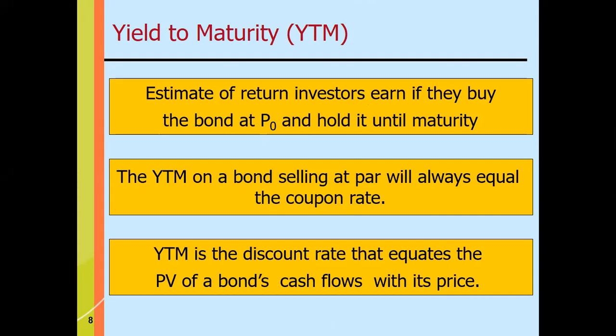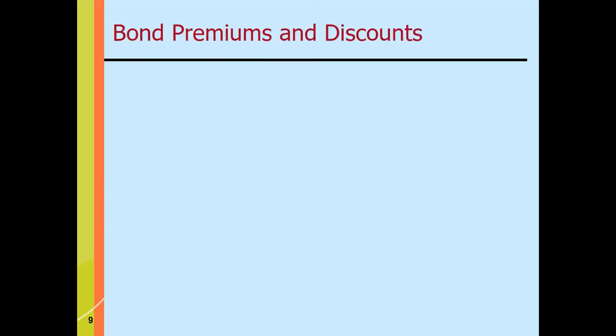Or to be able to sell a bond at, let's say, equal to face amount, meaning have the effective rate as the coupon rate. And then YTM is the discount rate that equates the present value of a bond's cash flows with its price. Therefore, yield to maturity or YTM is another term for the discount rate or effective rate of interest or the prevailing market rate of interest.